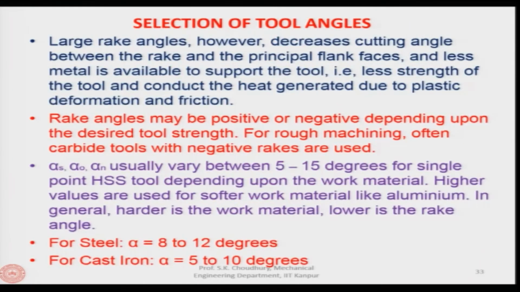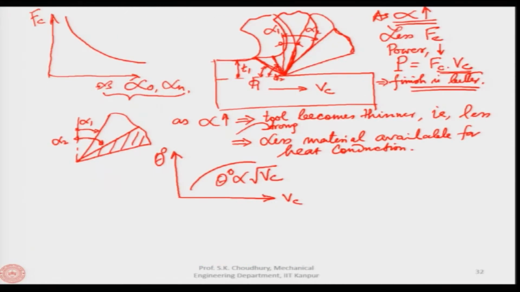So these are the things described here: large rake angles, however, decrease the cutting angle between the rake and the principal flank. What we mean to say is that the cutting angle is this angle. If the rake angle is increasing, then this cutting angle is decreasing.